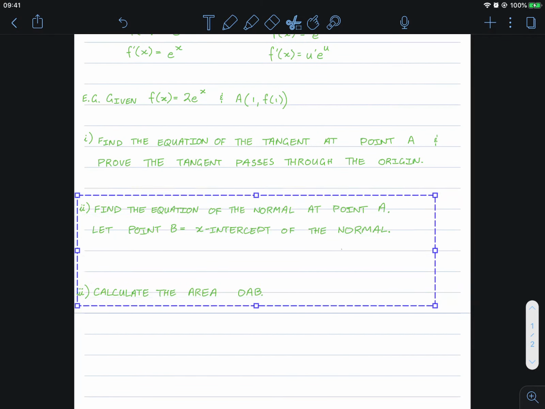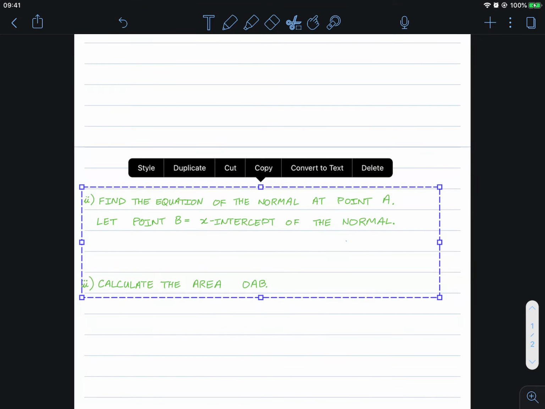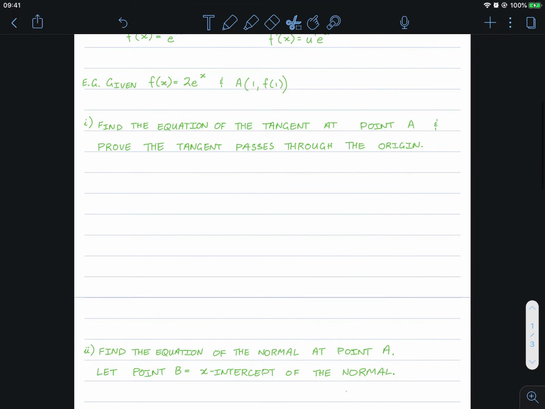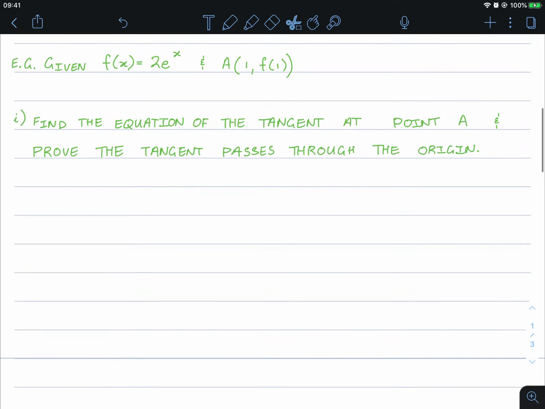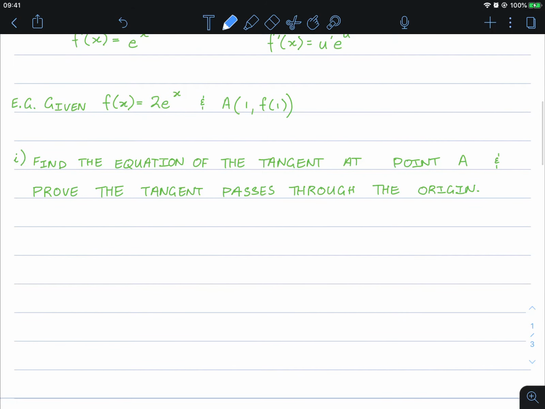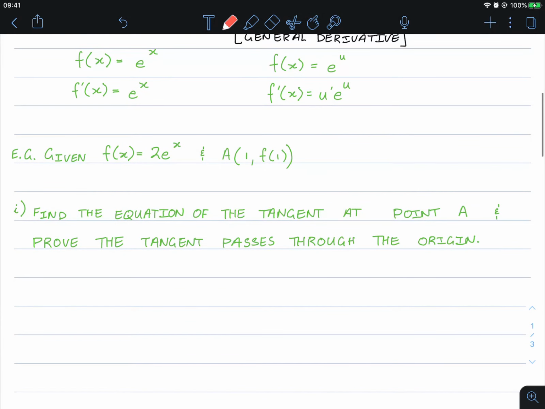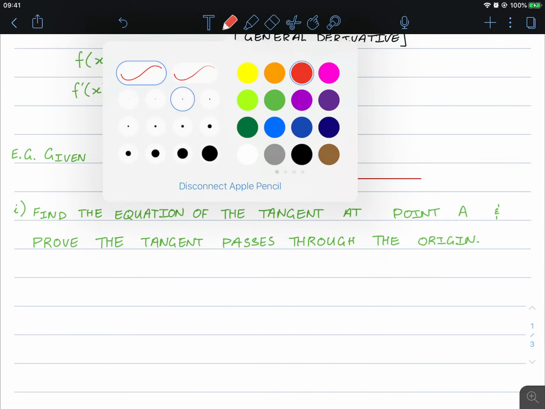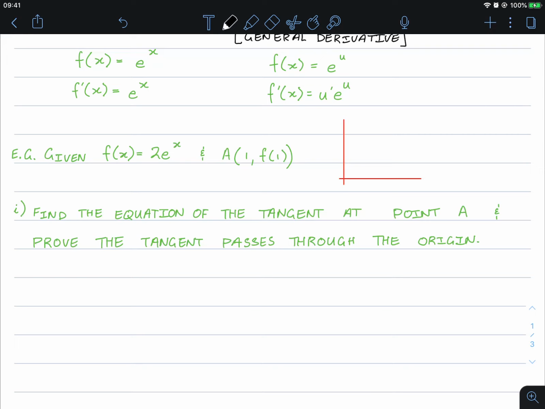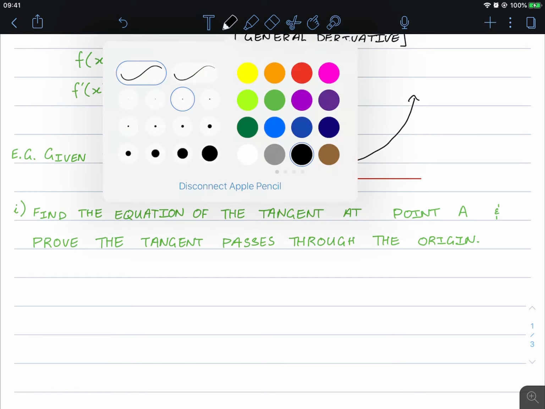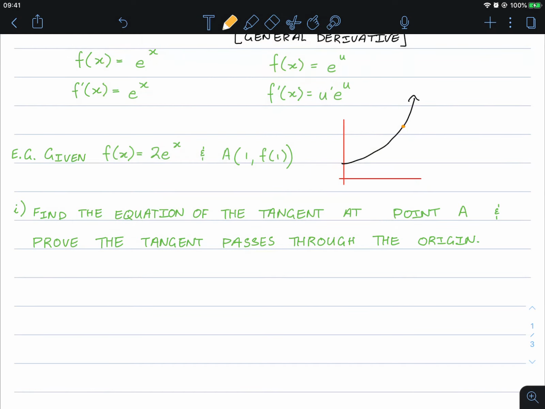Let's make some space for ourselves here. In order to find the equation of the tangent, just so we can visualize it, let's graph this very rough sketch. So here's my xy coordinate. 2e to the x, I know the exponential function looks somewhat like this. And let's say that the point A is here, that's 1, f of 1, whatever that might be.